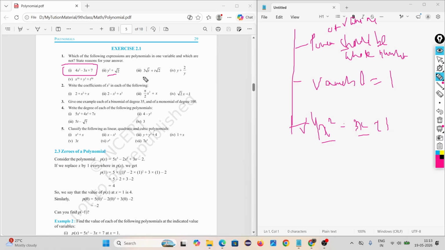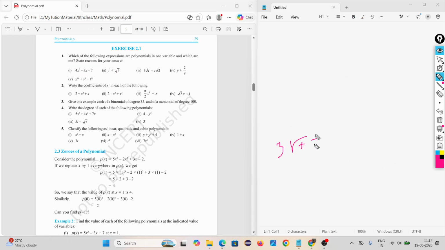Why are you looking at the constant term? Look at the variable term. If the variable term has power as a whole number, then it is a polynomial. Don't look at the constant term. The rule is only for the variable, not for the constant.